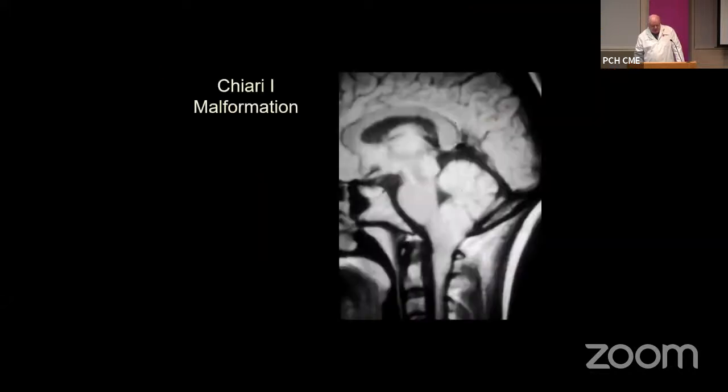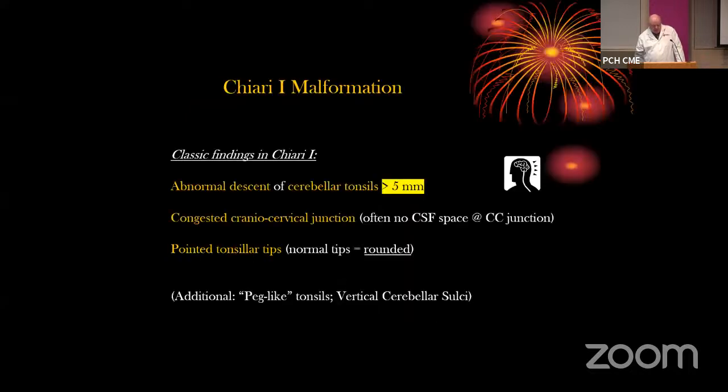So Chiari-1 malformation is an isolated malformation of the posterior fossa, and the tonsils go down below the level of the foramen magnum. Here you can see the cerebellar tonsils abnormally low in position.